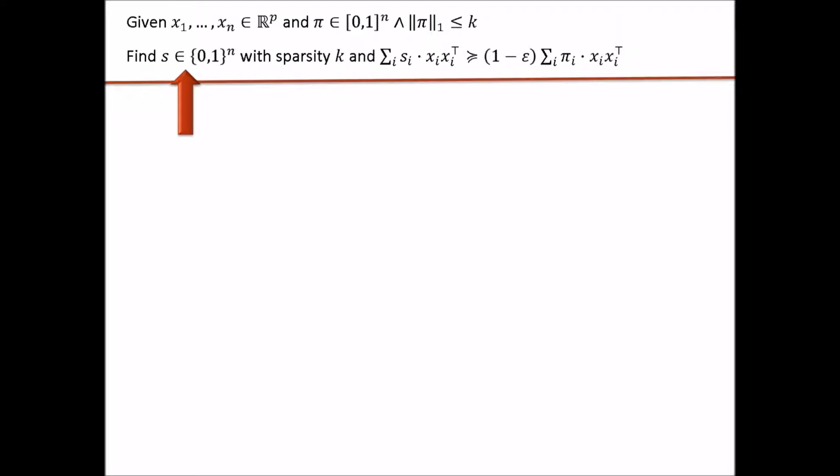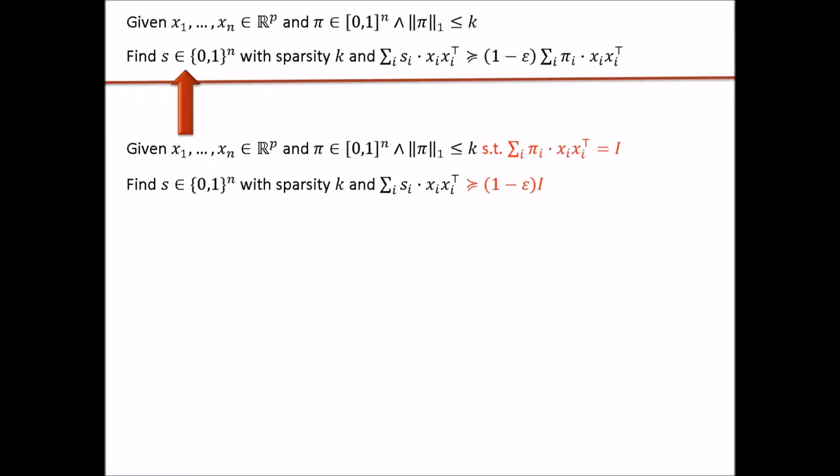Good. So I claim that we can do another step of reduction to simplify the notation. That is, I can assume without loss of generality that my fractional covariance matrix is the identity matrix. Here is the reason why. I can just do a change of variables.